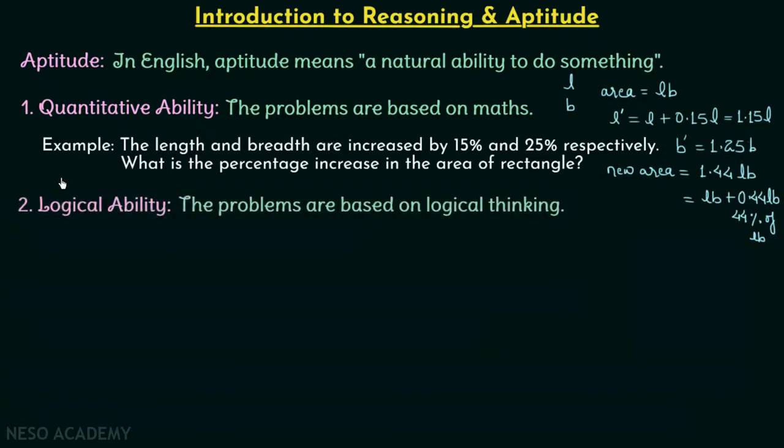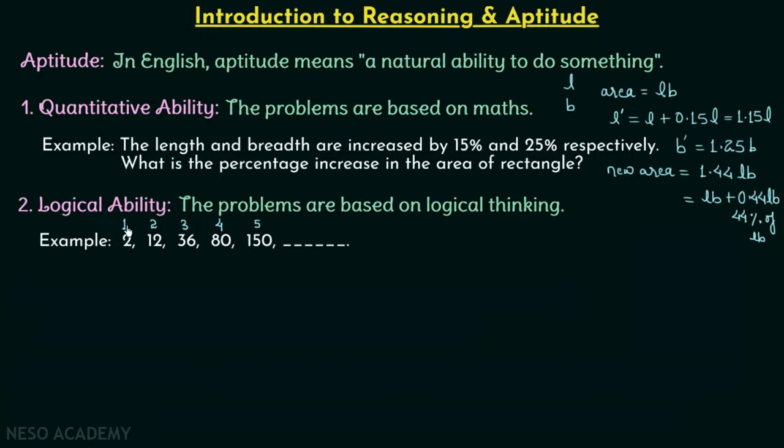Now moving on to our second class, which is logical ability. In this, the problems are based on logical thinking. For example, we have these 5 numbers given, and we need to find the 6th number. To find the 6th number, we can use our logical thinking. The first thing we notice is that 2 is our first number, 12 is our number 2, 36 is third number, 80 is fourth, 150 is our 5th number.